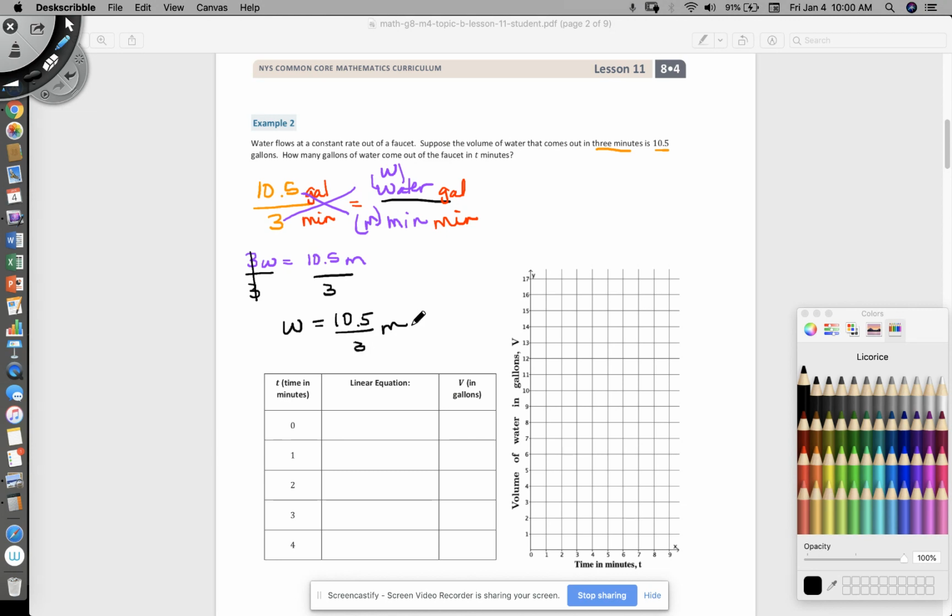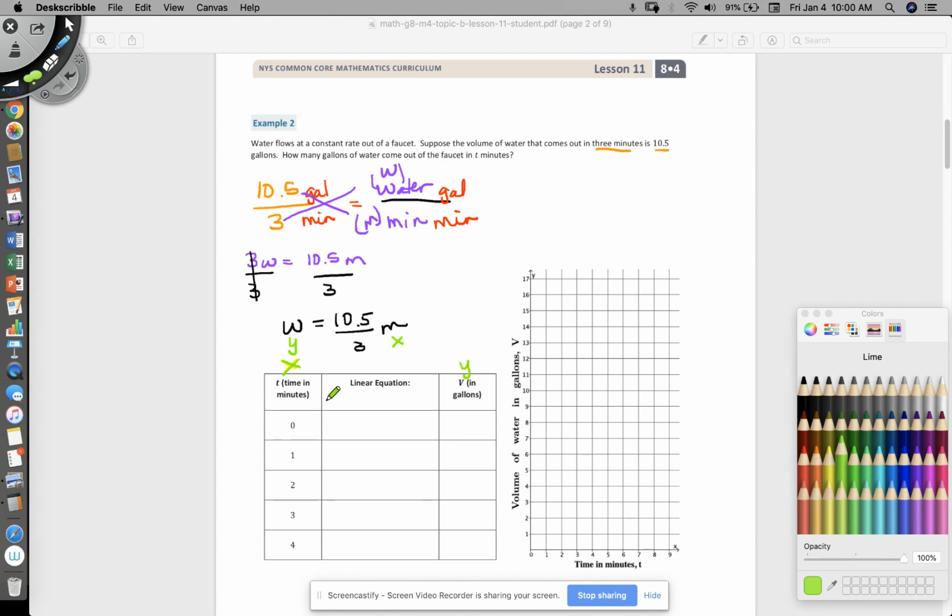Now, again, we have some different variables going on here because they used V and T. You could have used Y and X. It doesn't really matter. Just to kind of help us all out here, this is my X column. This is my Y column. And again, if you want, you could say this is Y and then this is your X. Either one, as long as you know what you're solving for.